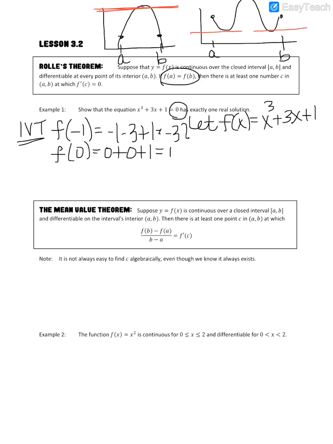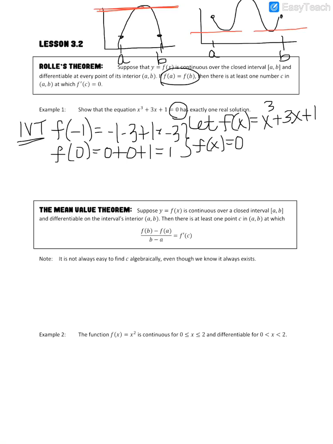Since we have a negative and a positive, at some point f of x is going to equal 0, and that point is going to happen between -1 and 0. You might want to write that out. I don't really have room, but maybe you could write f of x equals 0 at some point between -1 and 0.